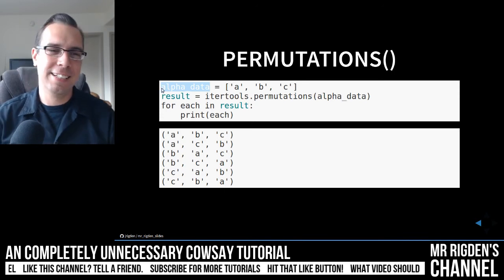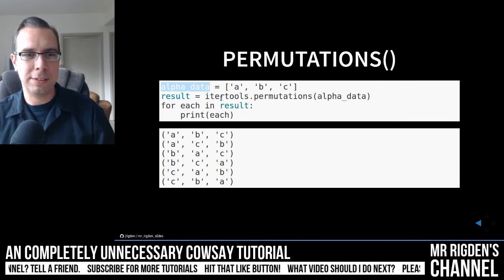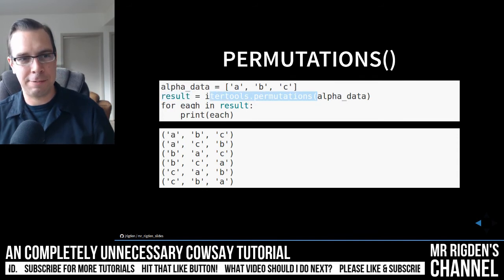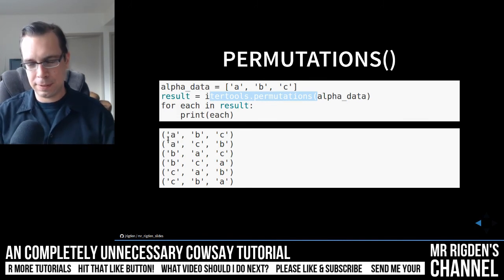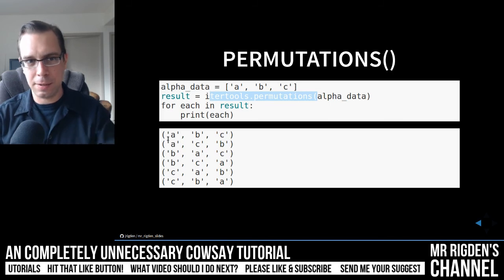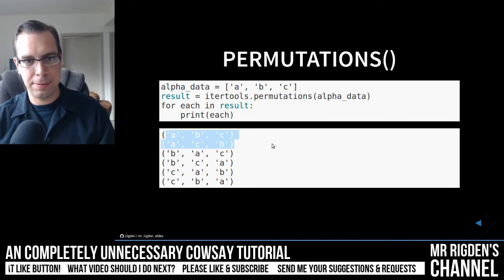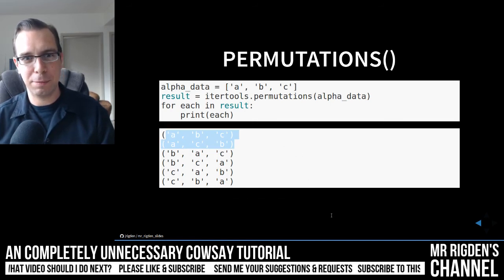All right, so we've got alpha data A, B, and C. All right, so result equals Itertools permutations alpha data. Okay, so this is going to give you pretty much every single permutation you can get with this list. So you can see here. There we go. All right, moving on. Oh wait, there's nothing to move on. We're done. We're done finally.